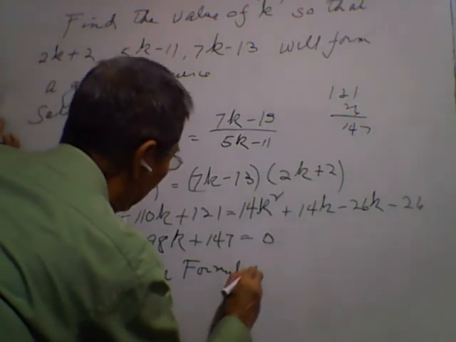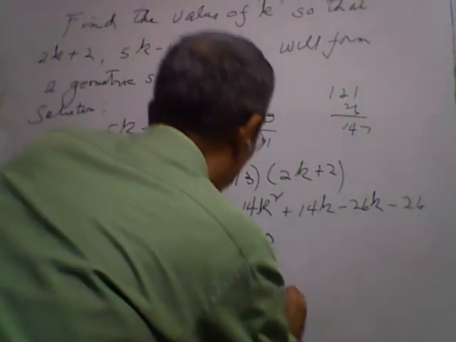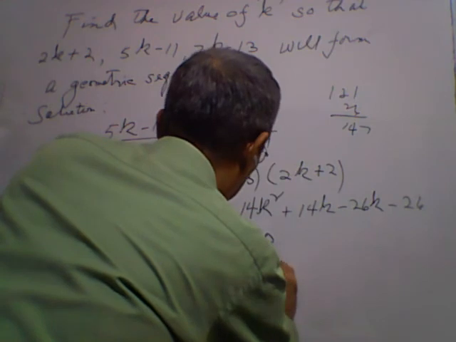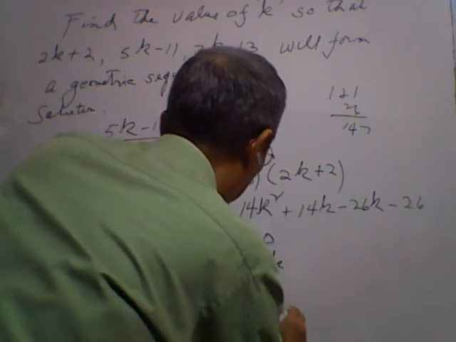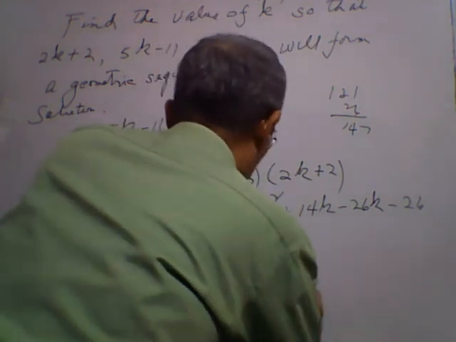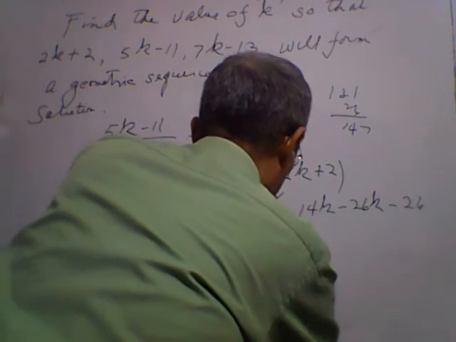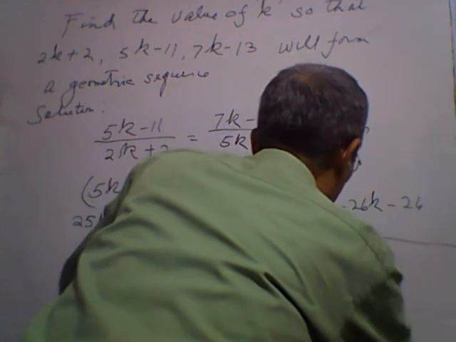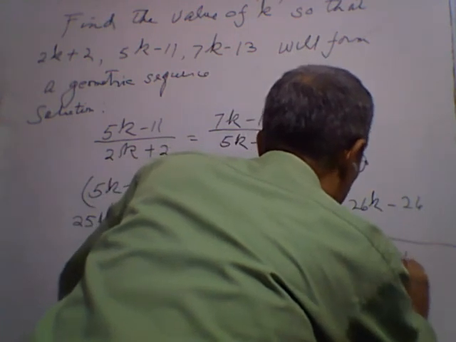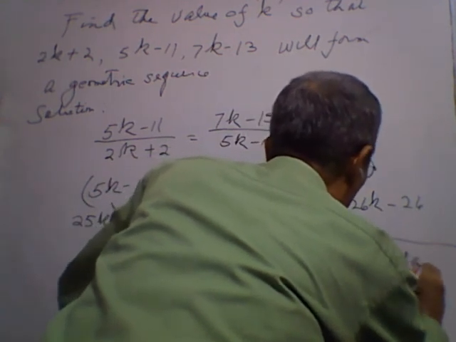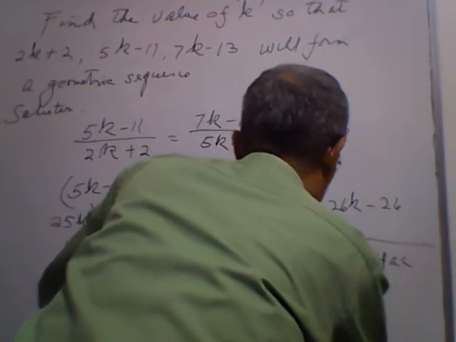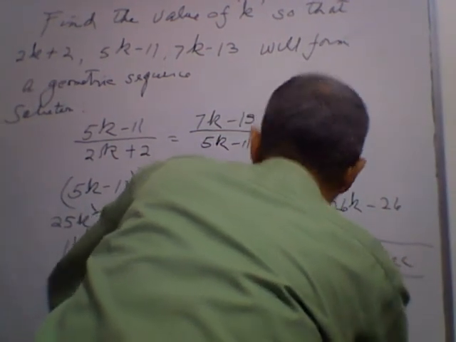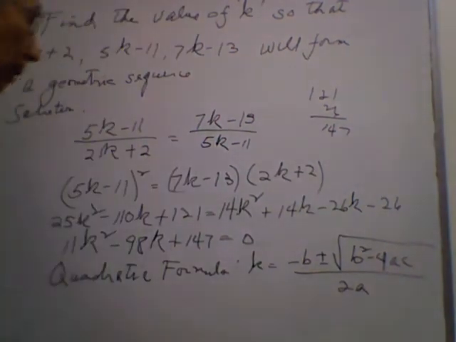That is, k is equal to negative b plus or minus square root of b squared minus 4ac, all over 2a. So by using this, we can find the value of k.